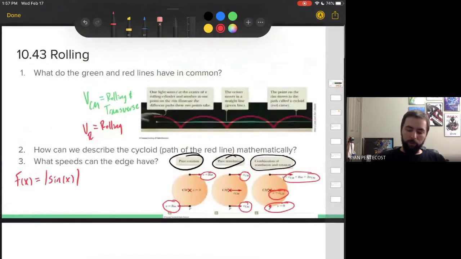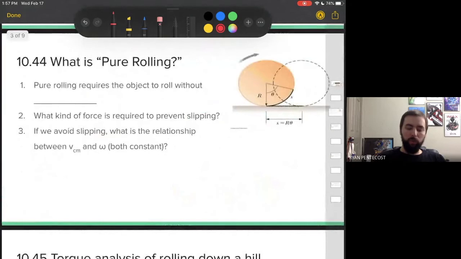Let's keep moving. So what is pure rolling? Pure rolling requires the object to roll without slipping. It cannot slip. It has to grip the surface perfectly. If there's any kind of slipping, if it starts skidding of any kind, then it's not pure rolling.